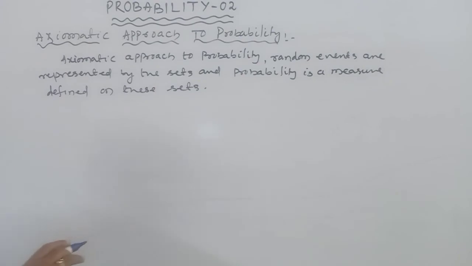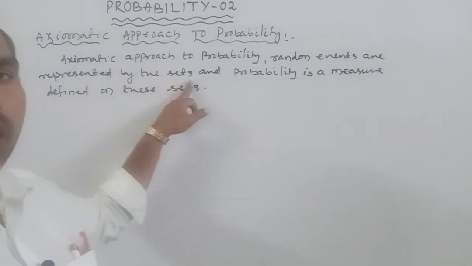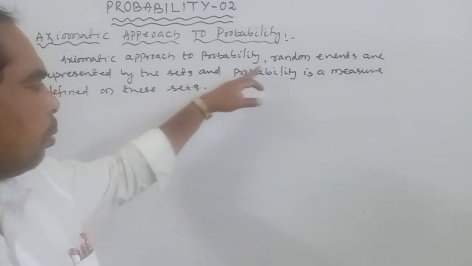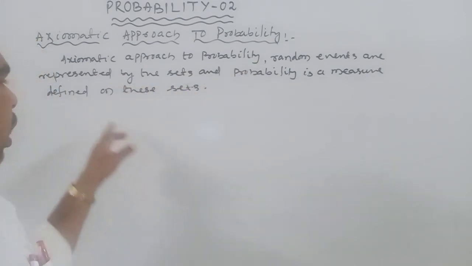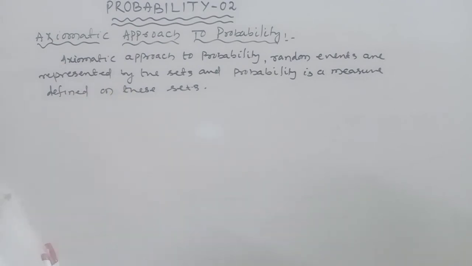Okay, means all random events are represented by sets, and probability is a measure, meaning a value defined on these sets.